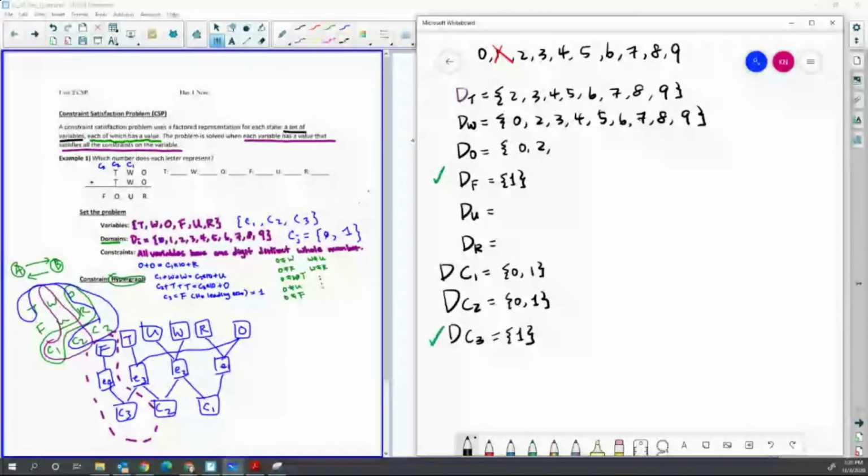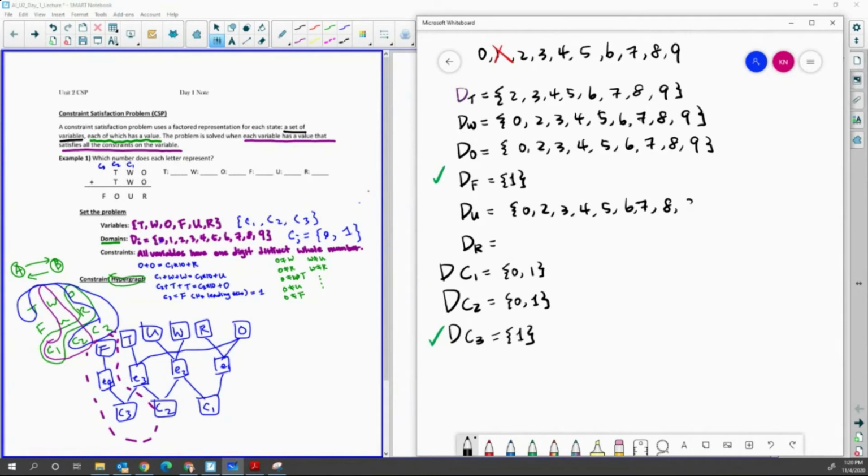For the O, 0, 2, 3, 4, 5, 6, 7, 8, 9. And U, 0, 2, 3, 4, 5, 6, 7, 8, 9. For the R, 0, 2, 3, 4, 5, 6, 7, 8, 9.